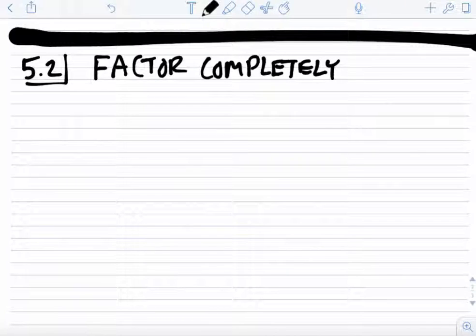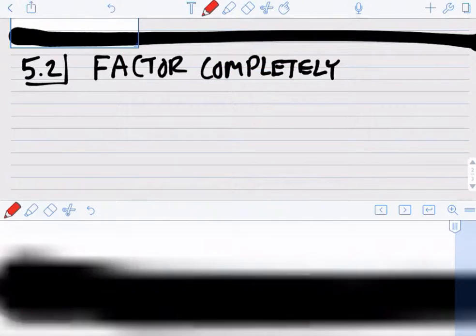So the second part of 5.2 is to factor completely. When we want to factor it completely, there are some requisites here.